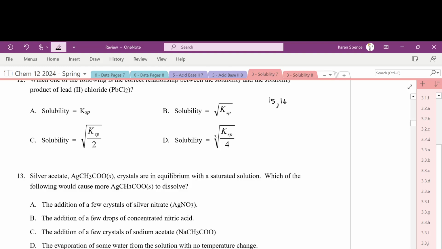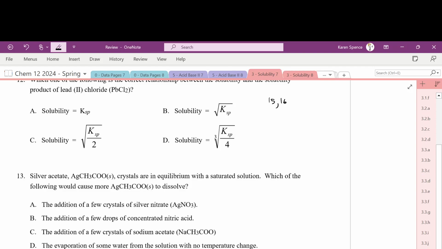Okay, so number 13, we have silver acetate, AgCH3COO. Solid is in equilibrium with a saturated solution, Ag plus and CH3COO minus. Which would cause more AgCH3COO to dissolve?